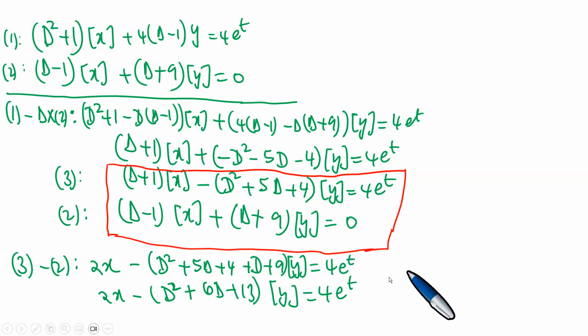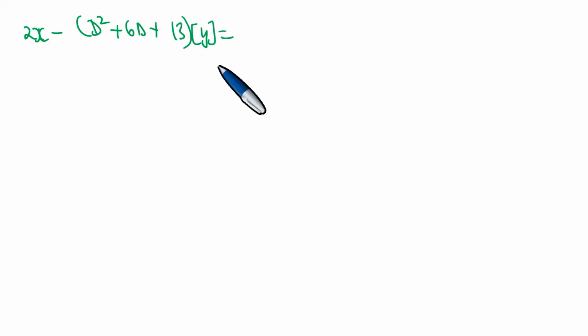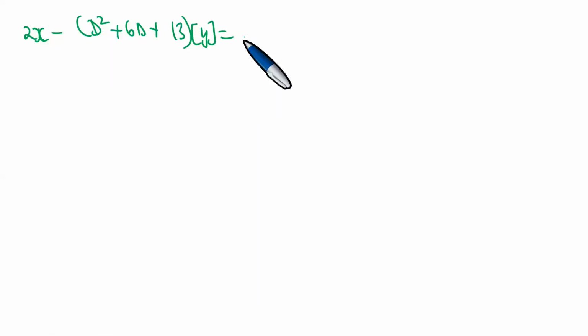Let's write this equation on the next page as it is: twice x minus d squared plus 6d plus 13 into y, which equals 4e to the t.